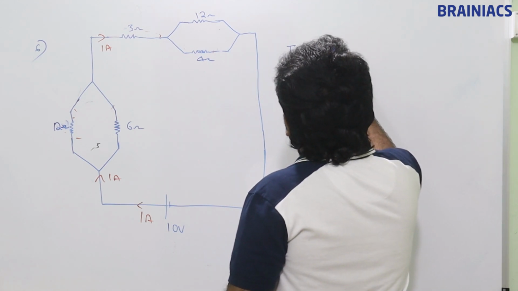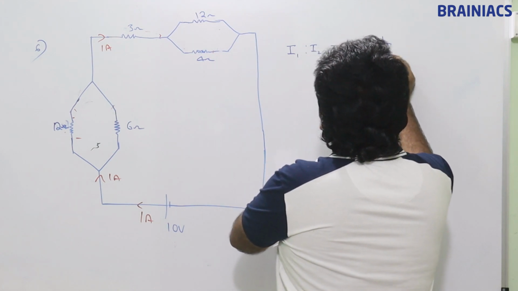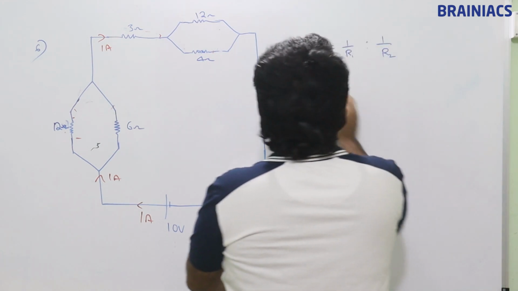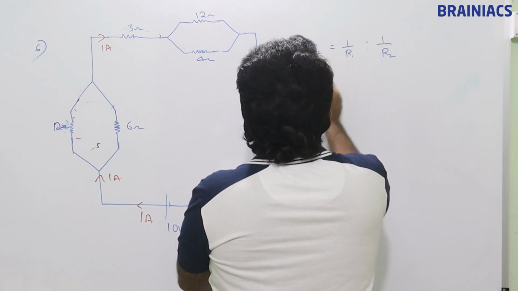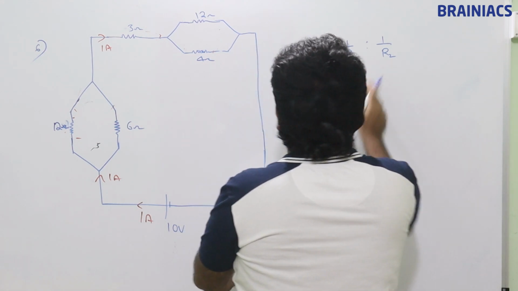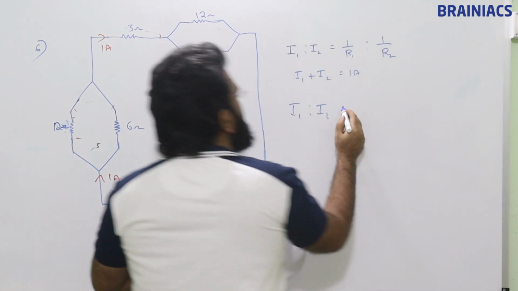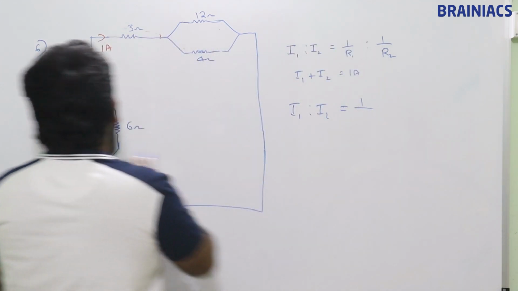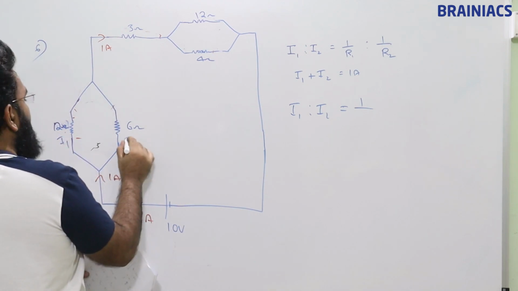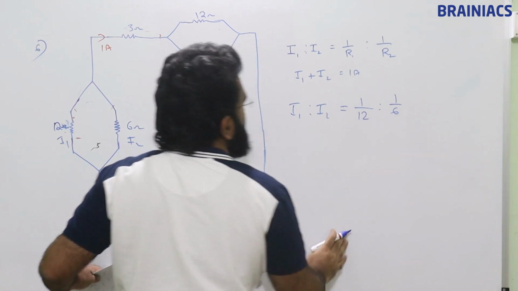Now I1 is to I2 is equal to 1 by R1 is to 1 by R2. Okay, and I1 plus I2 is equal to 1 ampere we know. So I1 is to I2 is equal to 1 by R1, 1 by R2. So 1 by 12 is to 1 by 6.